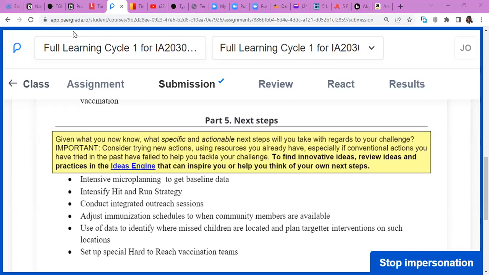And the use of data to ascertain where these missed children are concentrated, and then have teams do vaccination sessions on how to reach communities. So these are some of the things I've been able to put down.